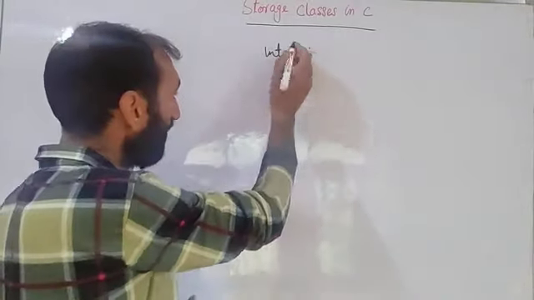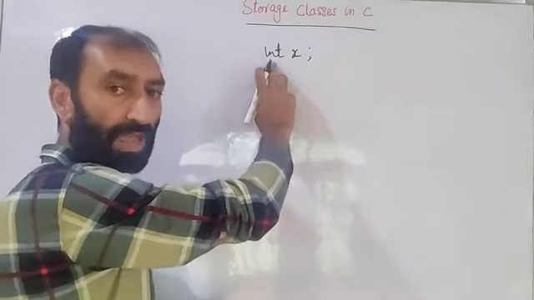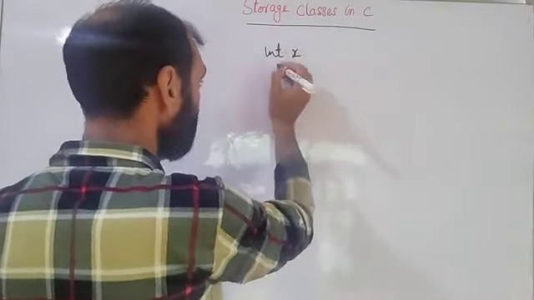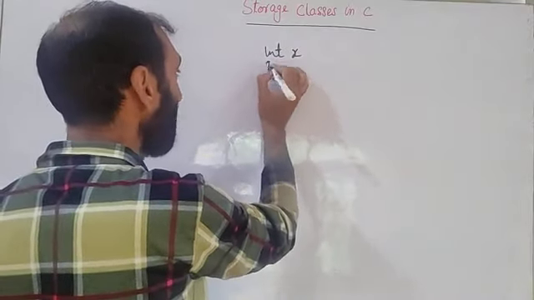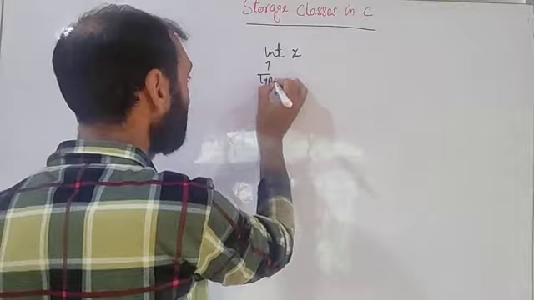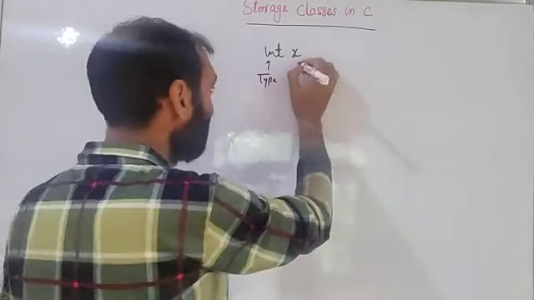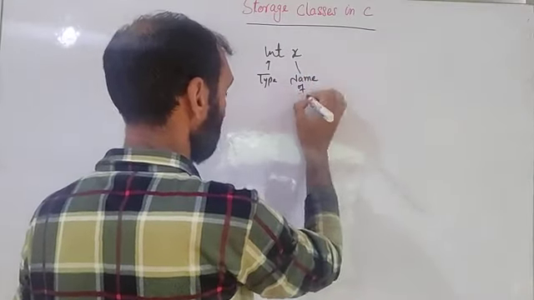That means the value which is going to be stored in the location x is of type integer. This declaration tells the compiler two things. First, the type of the data that is going to be stored in the variable. And second, the name of the variable.